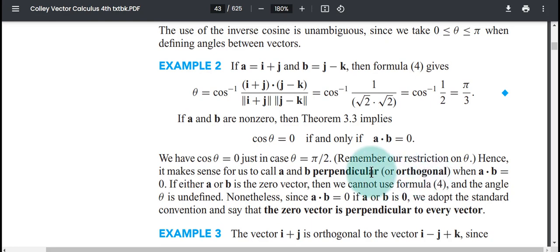So perpendicular makes sense in 3 dimensions, but we usually shift to the word orthogonal when the dot product is 0, but neither of the vectors are 0. One more thing, they usually say that since the 0 vector, if you dot it with any other vector, will give you 0, it sounds strange, but just to be consistent, we say that the 0 vector is perpendicular to every vector.